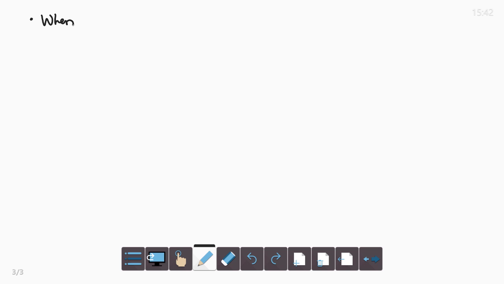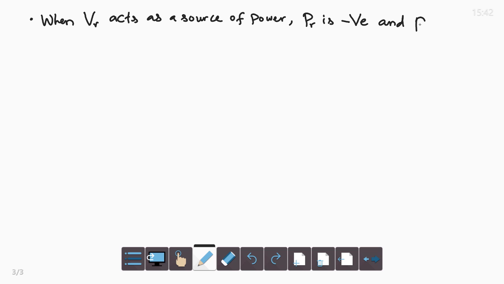When VR acts as a source of power, PR is negative, and because PR is negative, mechanical power Pm is greater than air gap power.